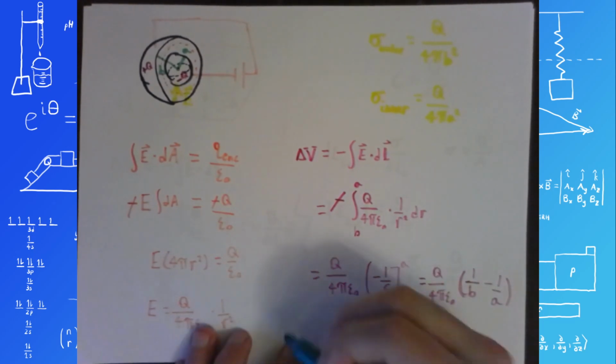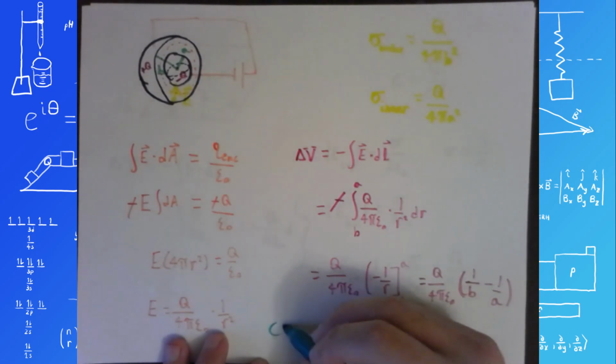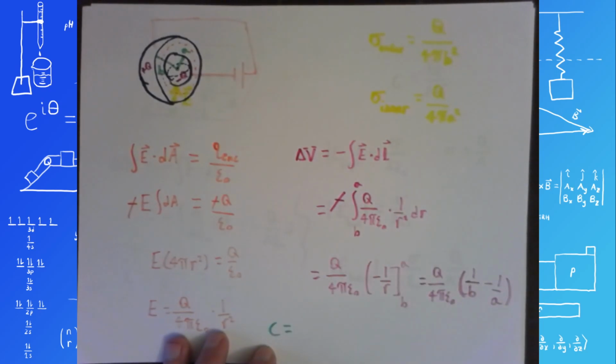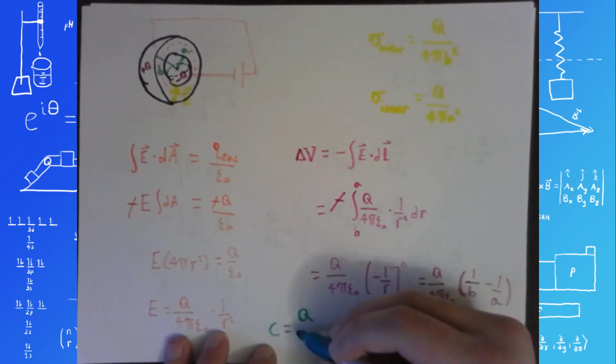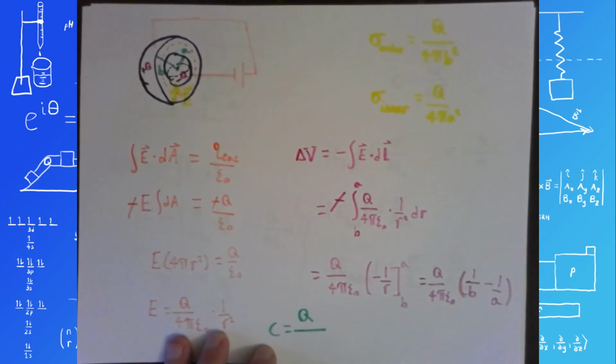So, capacitance equals total charge separated Q over the total change in voltage required to cause that separation.